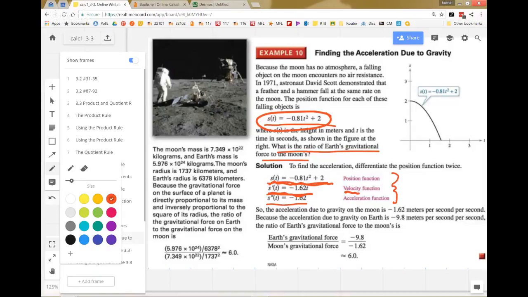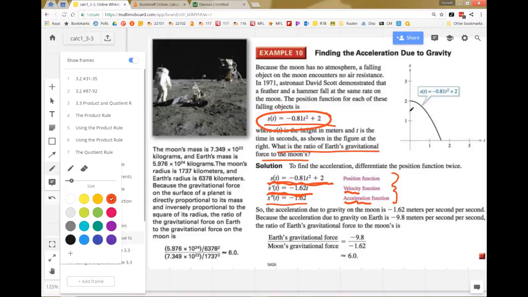And if you take the derivative of that, that's called the second derivative, s double prime of t. What's the derivative of negative 1.62 t? You just get negative 1.62. That is the acceleration. So what's the rate of change of the speed? In other words, how fast are you changing speed? If you're in a car and you hit the brake, you are rapidly decreasing your speed.